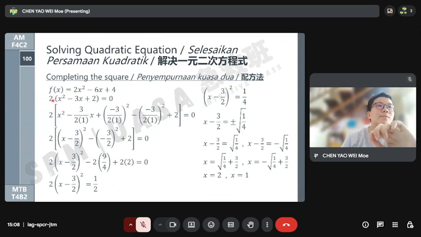We factor out the 2, and inside we make this one become b over 2a, and here is a, and after the first variable, this variable after this, we will put this one. These two you make 0.